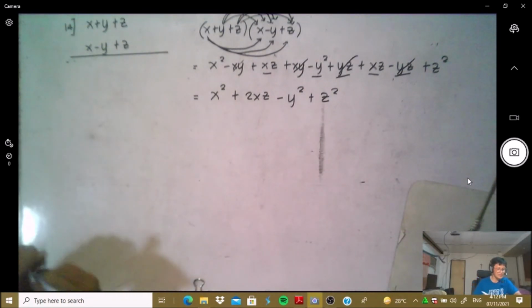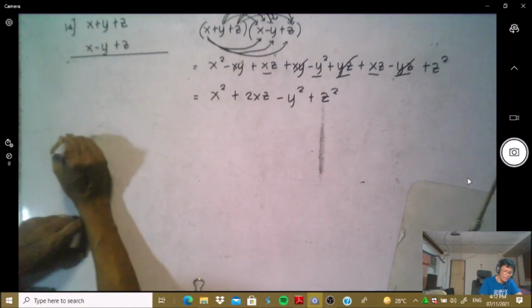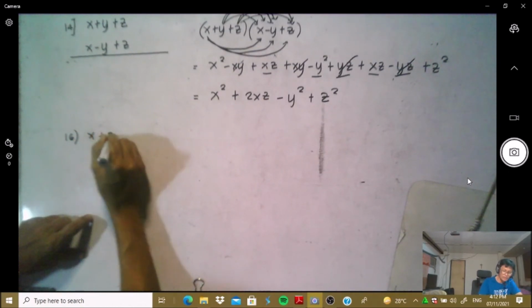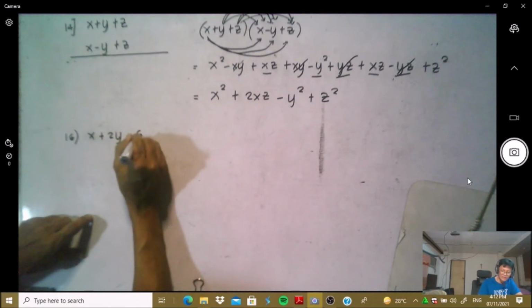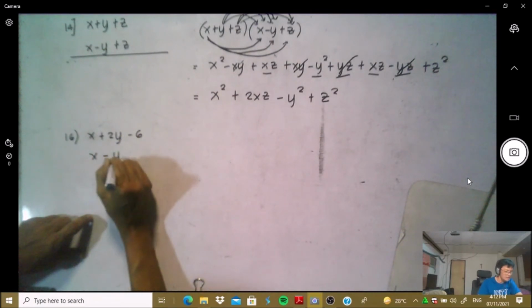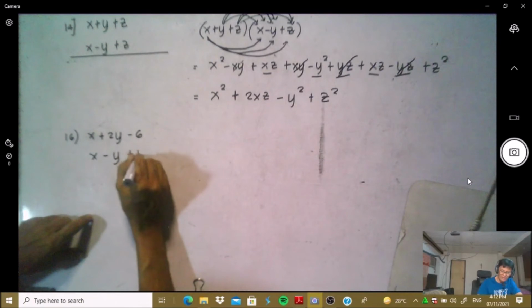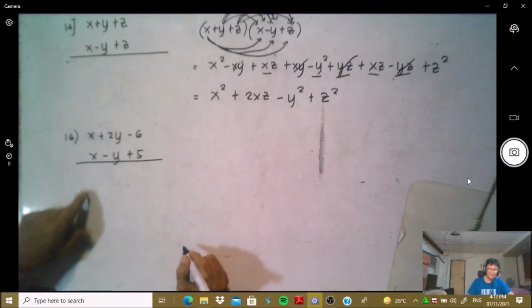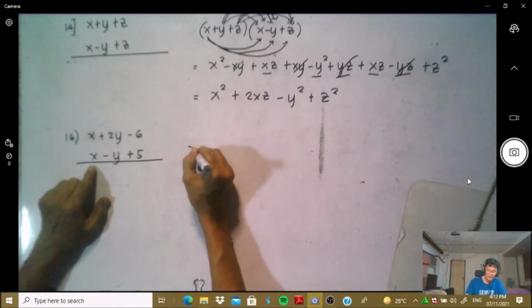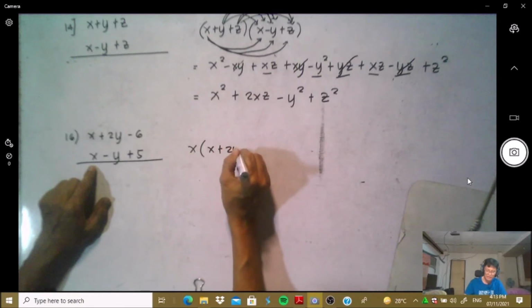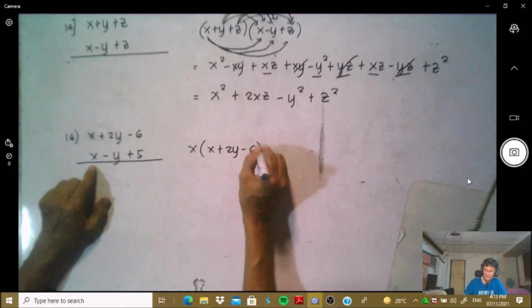So for number 16, we have x plus 2y minus 6 times x minus y plus 5. Again, we have to multiply first x. We have x to be multiplied to x plus 2y minus 6. Let's expand.